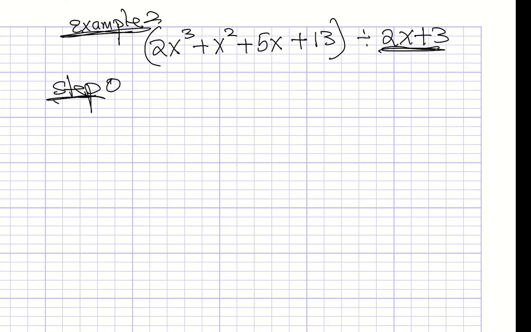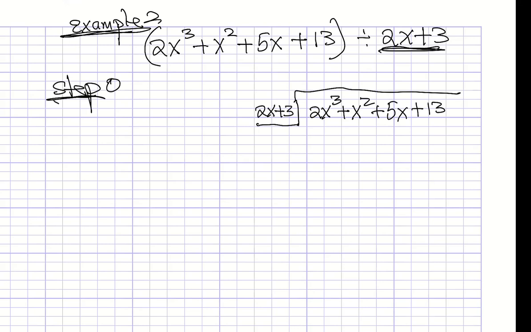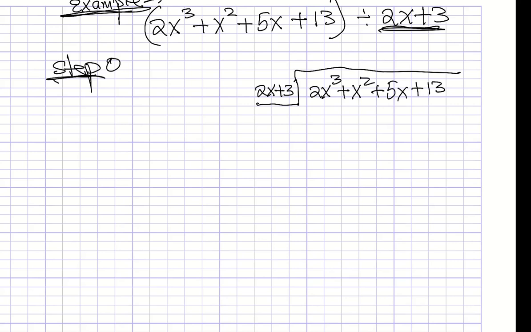So we'll write this like this: 2x raised to power 3 plus x squared plus 5x plus 13, and we'll put 2x plus 3 here. So this is basically step 0. You're just setting up the process, okay?